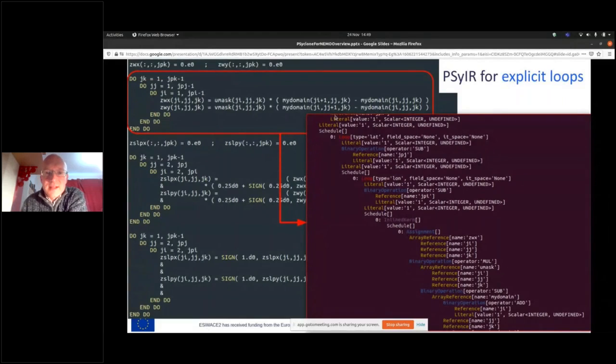So you've got a levels, latitude, longitude, triply nested loop. And then inside, you have what we call an inlined kernel. So if this was a code that followed the Cyclone separation of concerns, then obviously these two lines here, this calculation of ZWX and ZWY, would actually be done in a separate kernel. But NEMO doesn't follow the Cyclone separation of concerns.